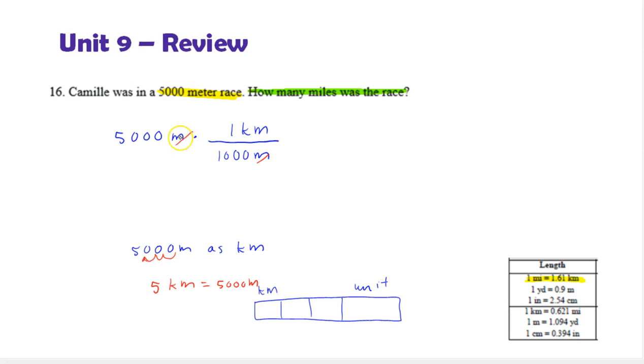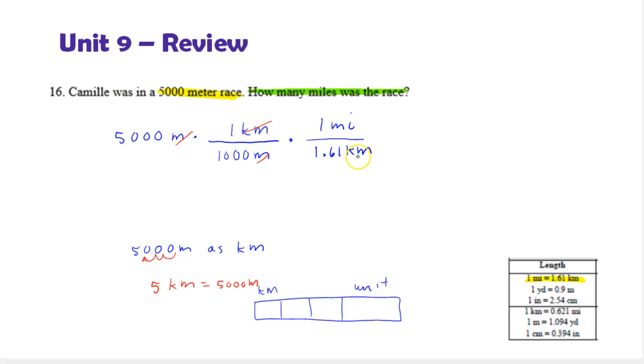So if we did this first step, we'd end up with kilometers. So notice this will be 5,000 divided by 1,000 is 5. Now that we have kilometers, we can change it to miles. Well, 1 mile is 1.61 kilometers. So putting kilometers on the bottom so it'll cancel. Feel free to use the other conversion.